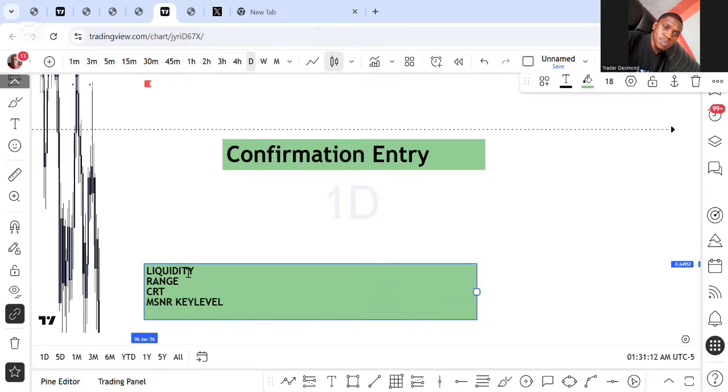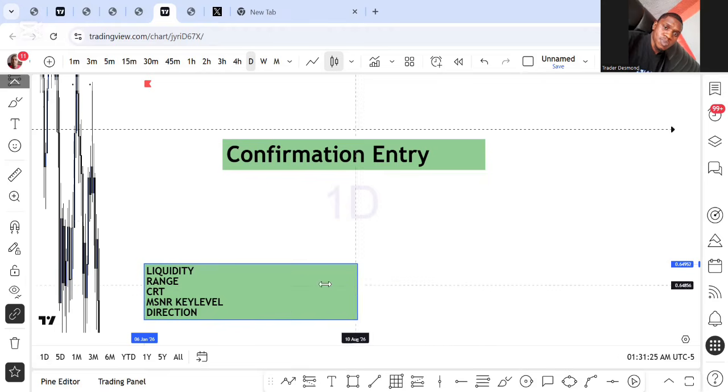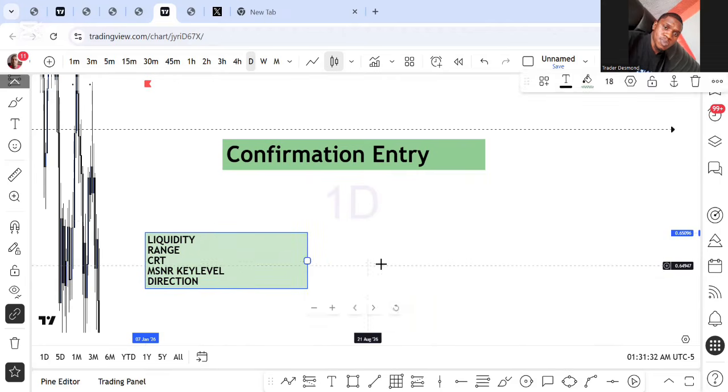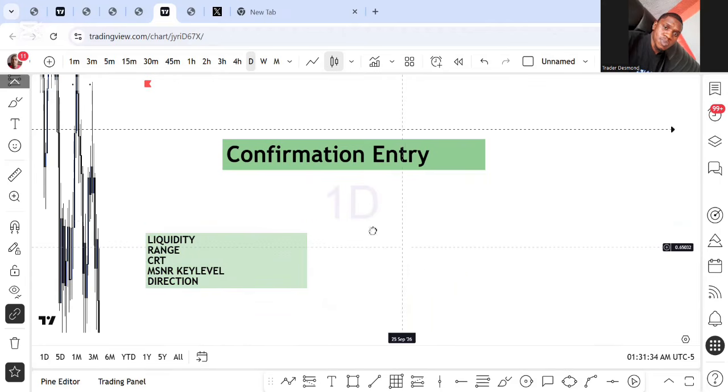And also you need to be able to tell the direction of the market. If you understand all this, then I believe entering a trade or forming a valid bias for you to risk on will be an easy thing for you to do.